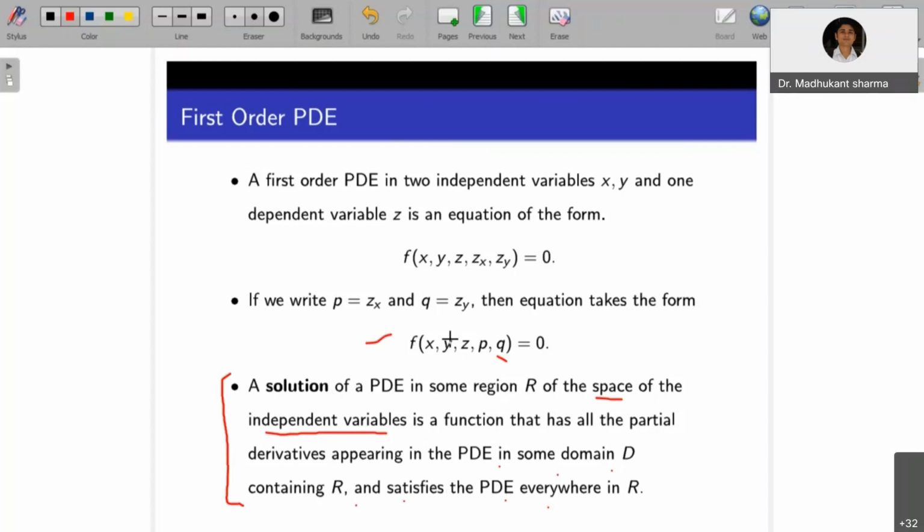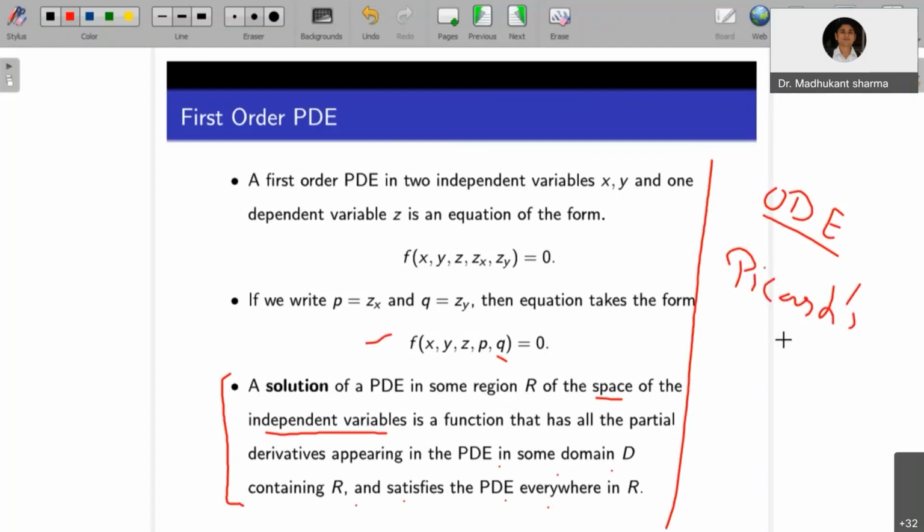As we have seen in the ordinary differential equation case, the single variable case, there was a very famous result which gives you existence and uniqueness: Picard's theorem, if you recall. You have seen that it was on a rectangular region, and how difficult it was to construct the solution there.